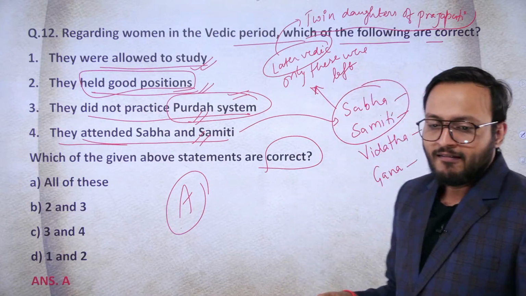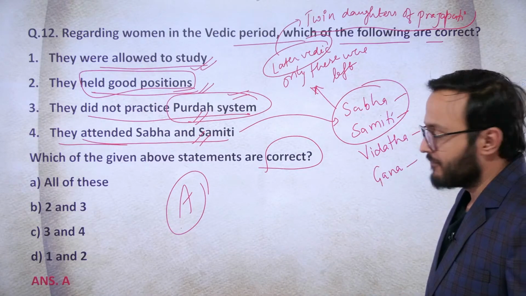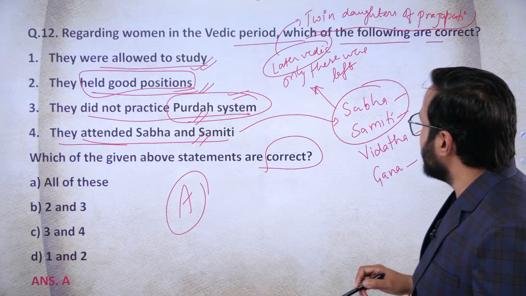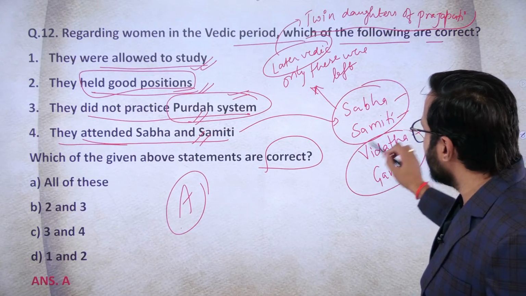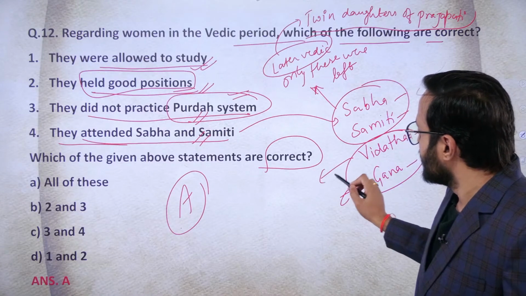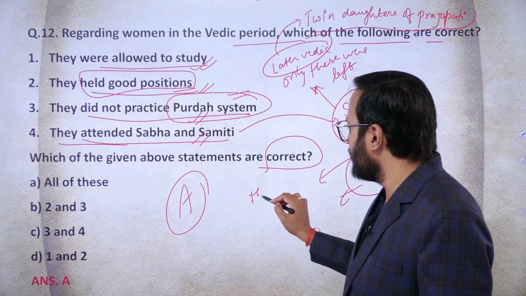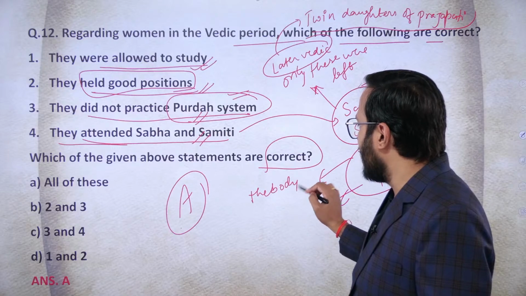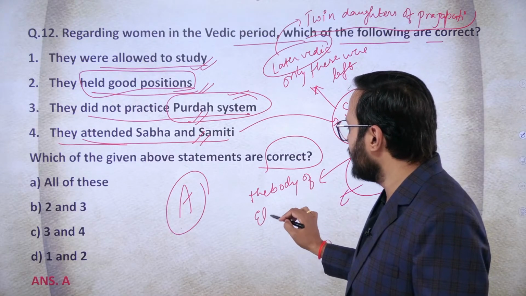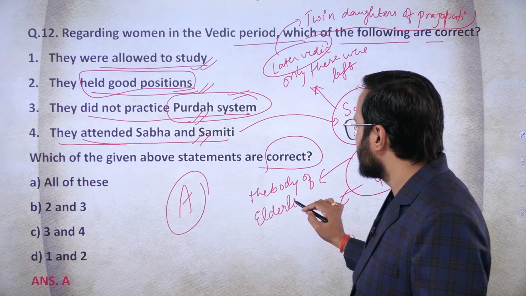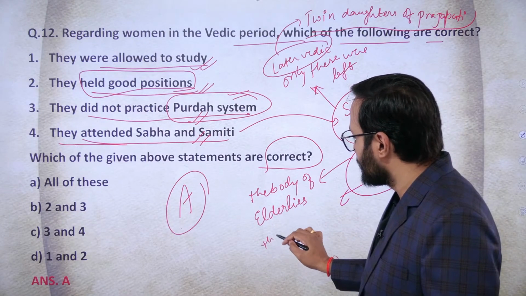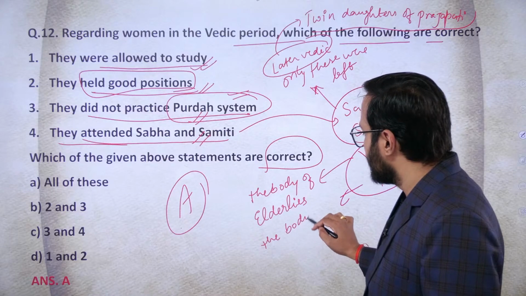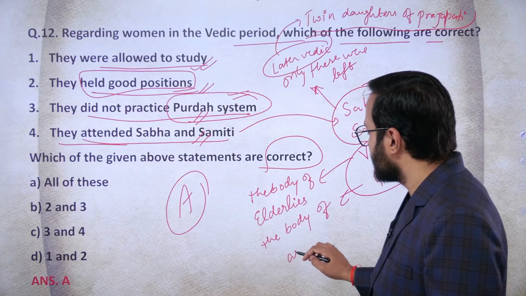Okay, everyone. Now, remember that if I am telling you one thing, that Vidath and Gan, what was that? So, Vidath was basically the body of elders, and the Gan was the body of artisans.